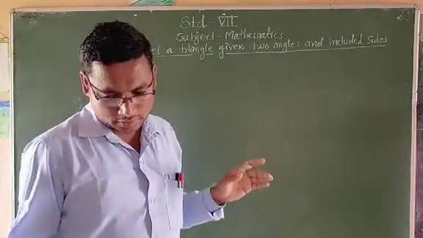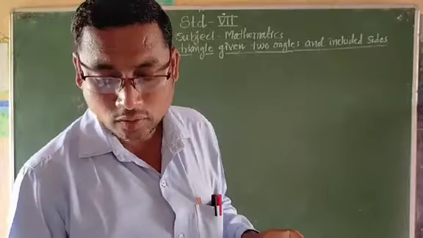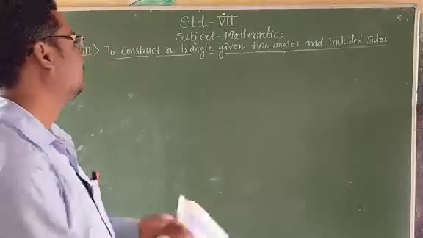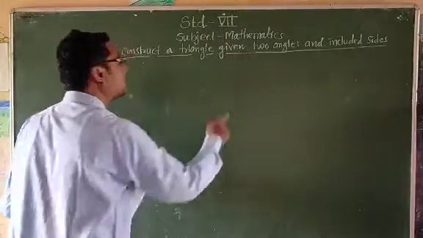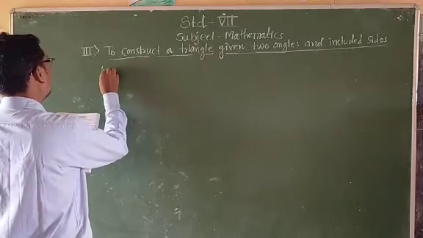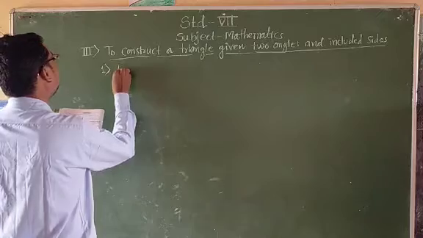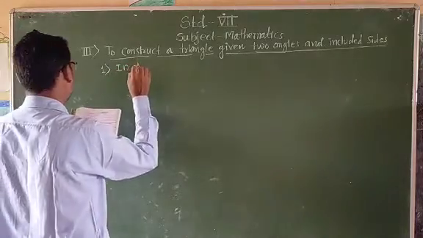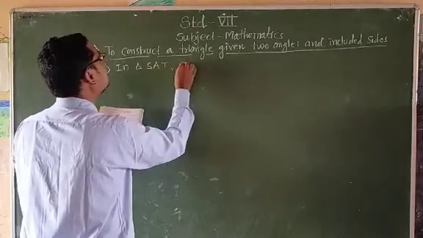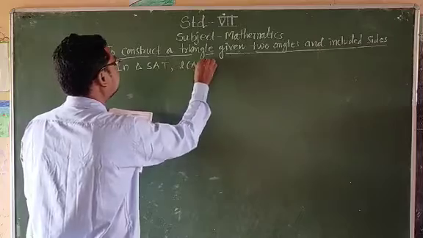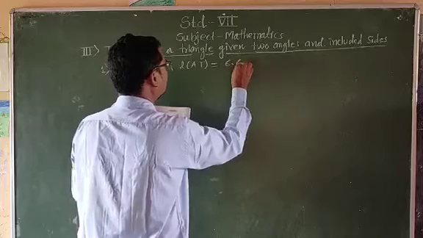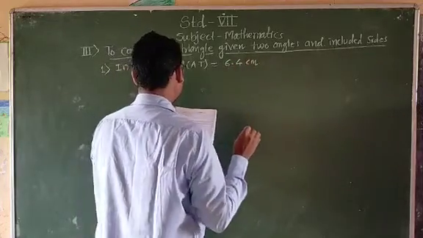So let us take an example. आपण example घेऊ from practice set 4. Practice set 4 मधून एक example घेऊ. Based on this topic, या टॉपिक वर आधारित example आहे. So here, a triangle SAT, the length of AT is given 6.4 centimeter.